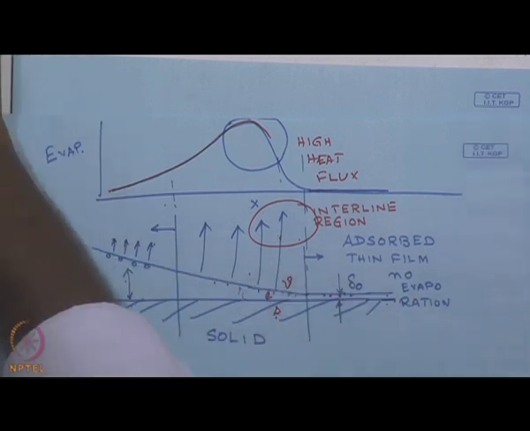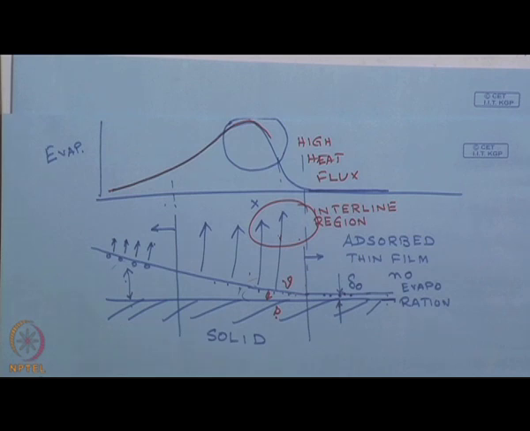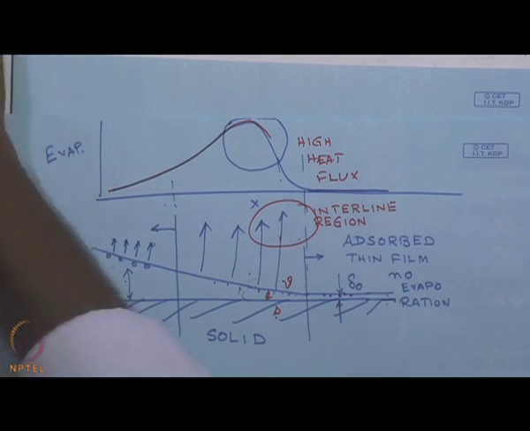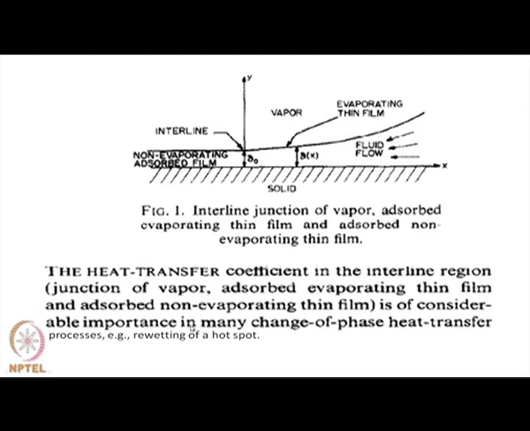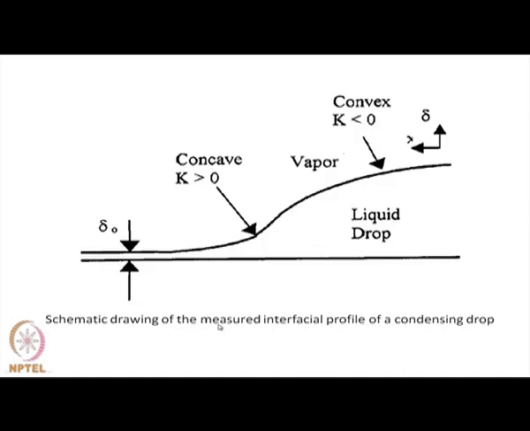The statement written here is that the heat transfer coefficient in the interline region, which is the junction of vapor, adsorbed evaporating thin film and adsorbed non-evaporating thin film, is of considerable importance in many change of phase heat transfer processes. For example, rewetting of a hot spot.